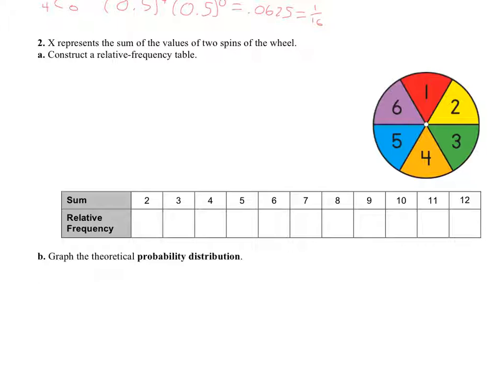Let's make a table before we make our relative frequency table. So we have 6 possibilities for the first spin. Put those here.